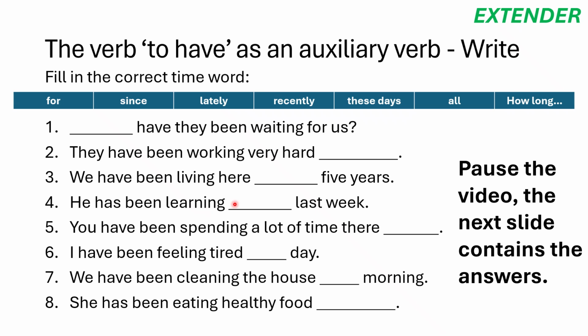He has been learning last week. 5. You have been spending a lot of time there. 6. I have been feeling tired. Day. 7. We have been cleaning the house. Morning. 8. She has been eating healthy food.